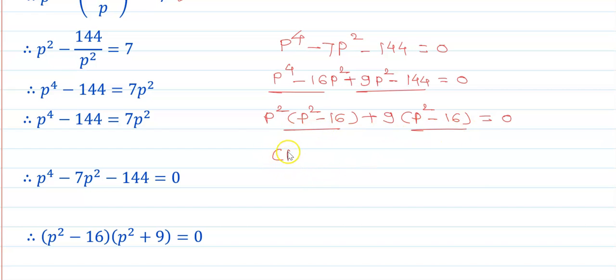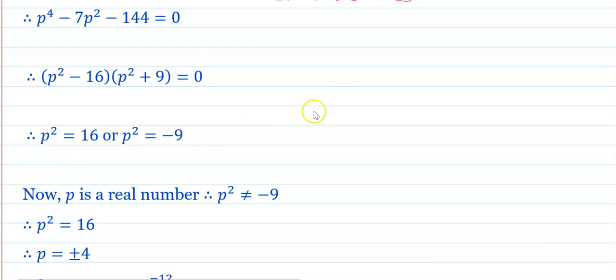Therefore you will get (p square minus 16) in the first bracket and (p square plus 9) in the second bracket equals 0.